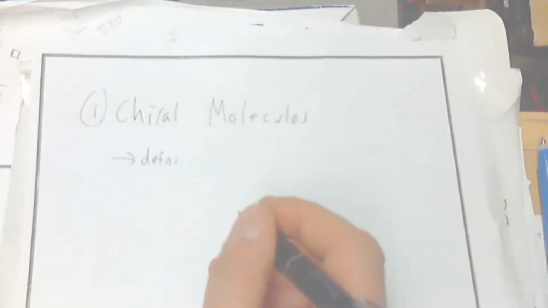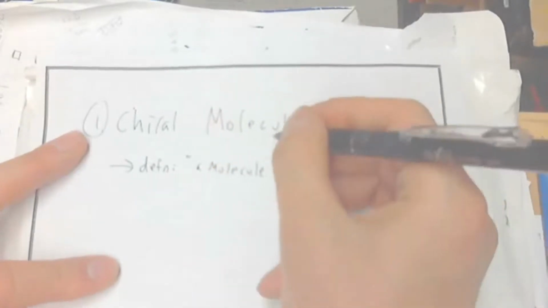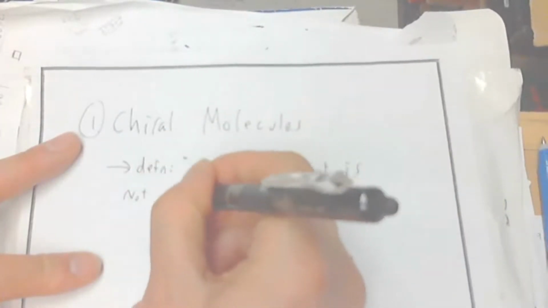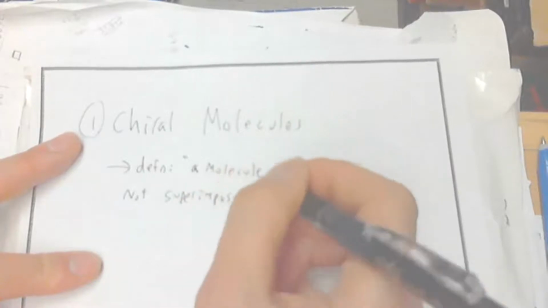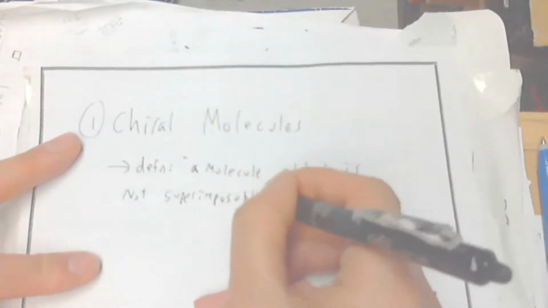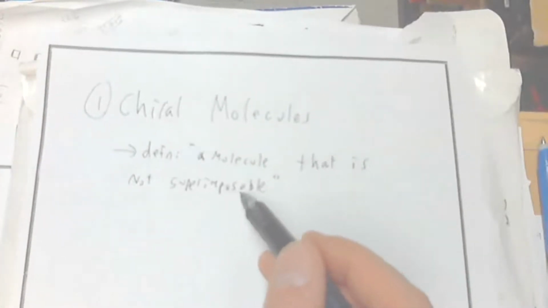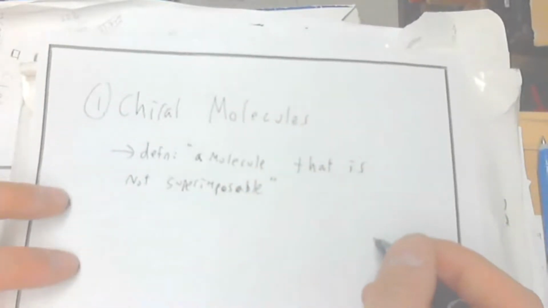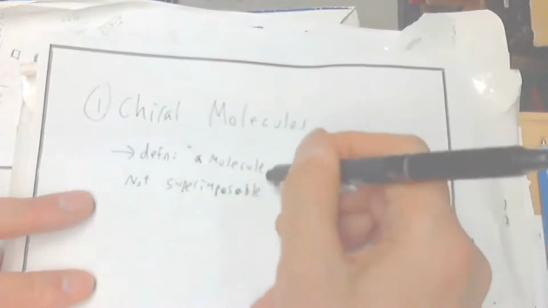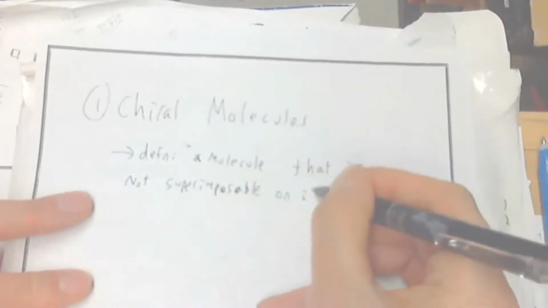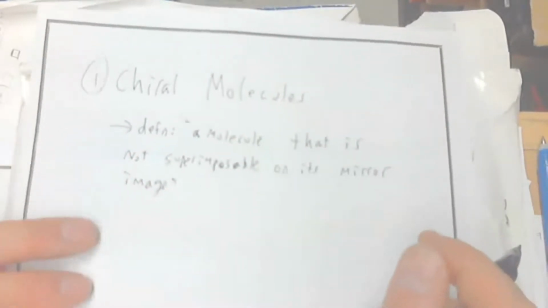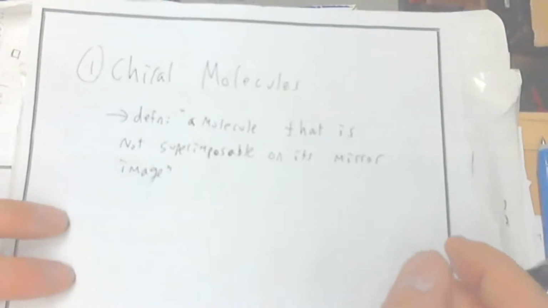A chiral molecule is a molecule that is not superimposable on its mirror image. That's a direct definition of the word chiral.